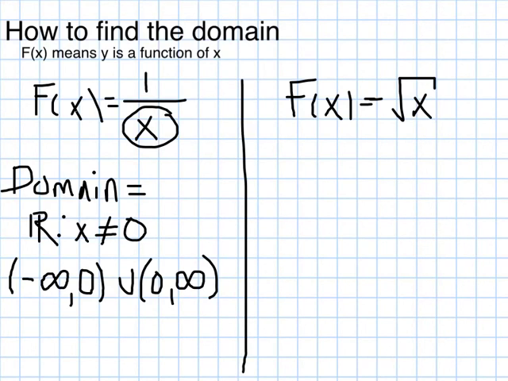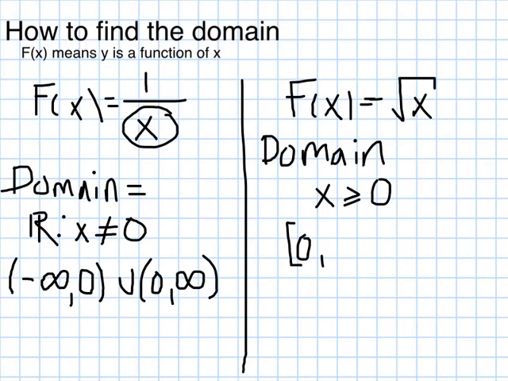If we look at a square root, we know that the domain on this is that x has to be greater than or equal to 0. Because we can't have a negative number inside the square root. So if we were to write that as interval notation, that would be from 0 to infinity.